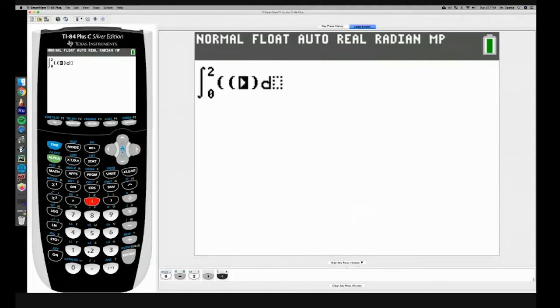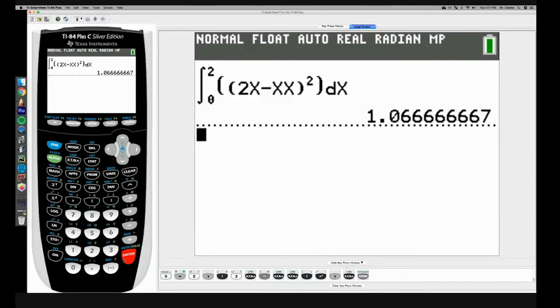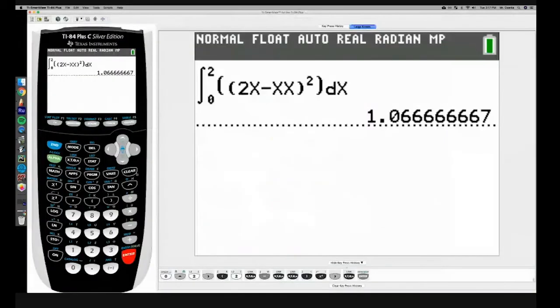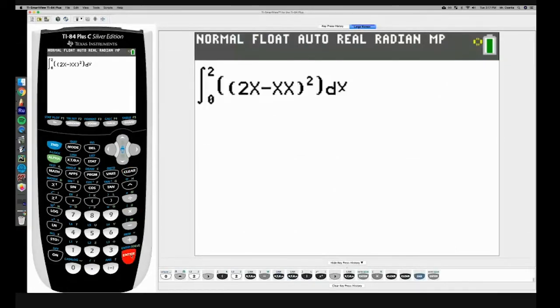And it's going to be 2x minus x squared with respect to x, times root 3. I'm just going to restart this. I forgot the root 3 over 4.